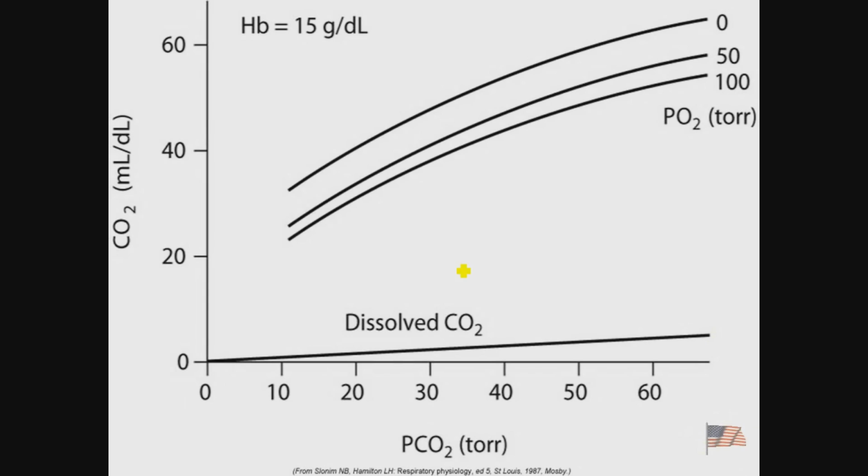And this is just kind of graphically showing us that if I look at the PCO2 along the x-axis and the total CO2 being carried along the y, you can see that as O2 levels get higher, less is able to be carried. So as I go up in oxygen levels, the ability to carry goes down.